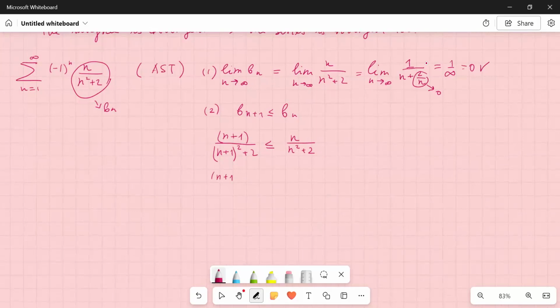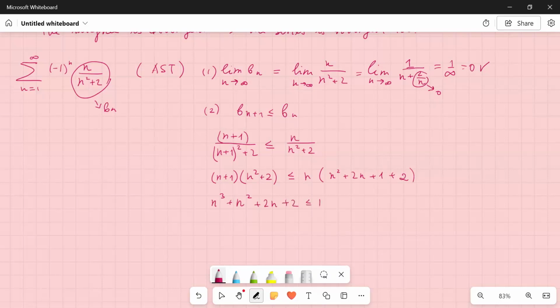So I have n plus 1. I think we had this series once in class, so it's not going to be that complicated. I'm going to open this parenthesis. n squared plus 2n plus 1 plus 2. Now opening this parenthesis: n cubed plus 1 times n squared plus 2n times 2 and plus 2, 1 times 2.